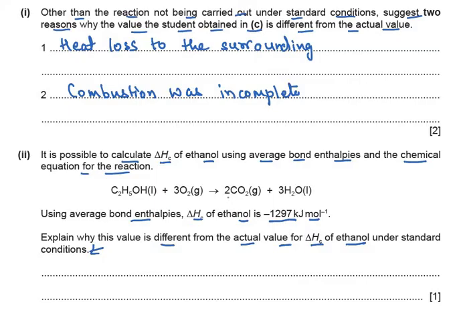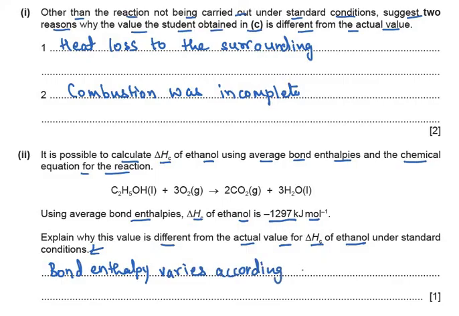The reason for this difference is that the bond enthalpy of a compound is actually different for different compounds. Here we have taken the average bond enthalpy. So we can write that the bond enthalpy changes or varies according to the compounds.